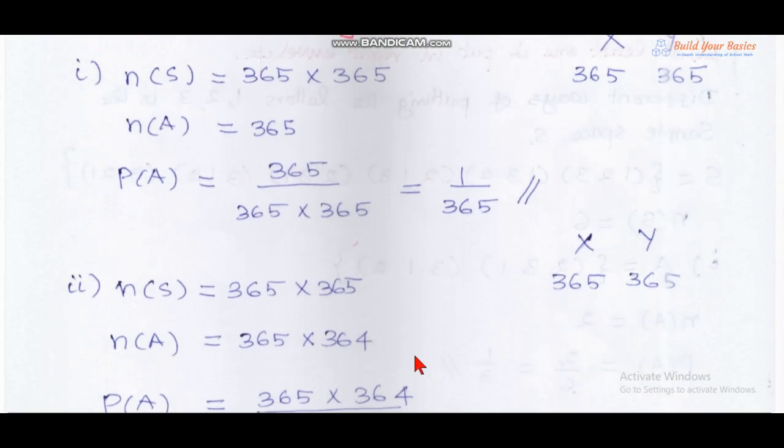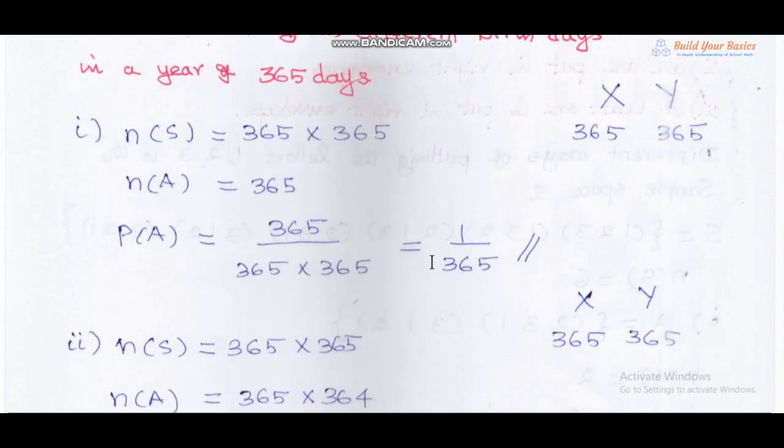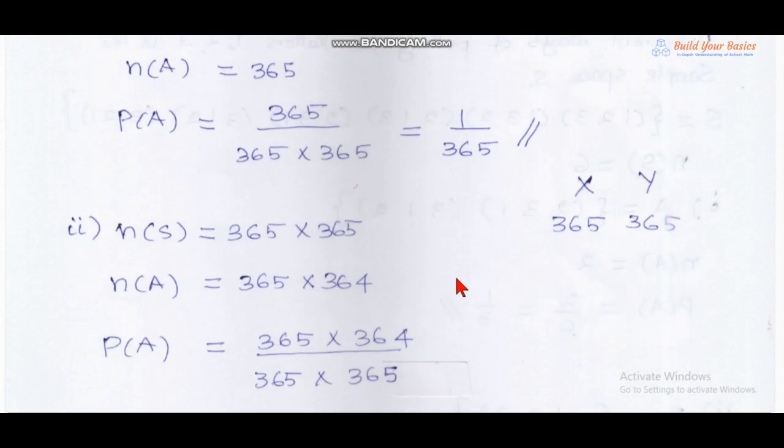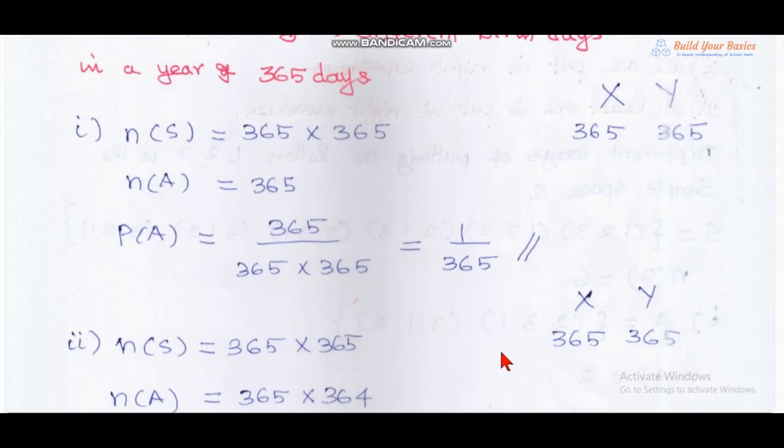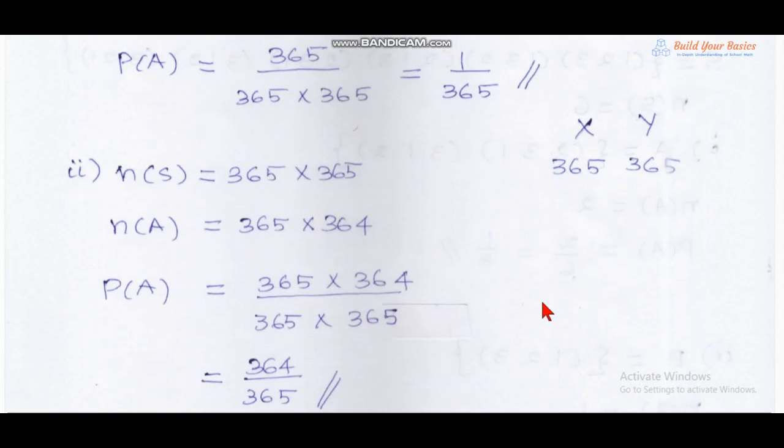Then the second subdivision. The number of elements in the sample space is again 365 into 365. Now they must have different birthdays. So the birthday of X may fall on any one of the 365 days, and the birthday of Y may fall on any one of those 364 days, excluding the day on which the birthday of X occurs.